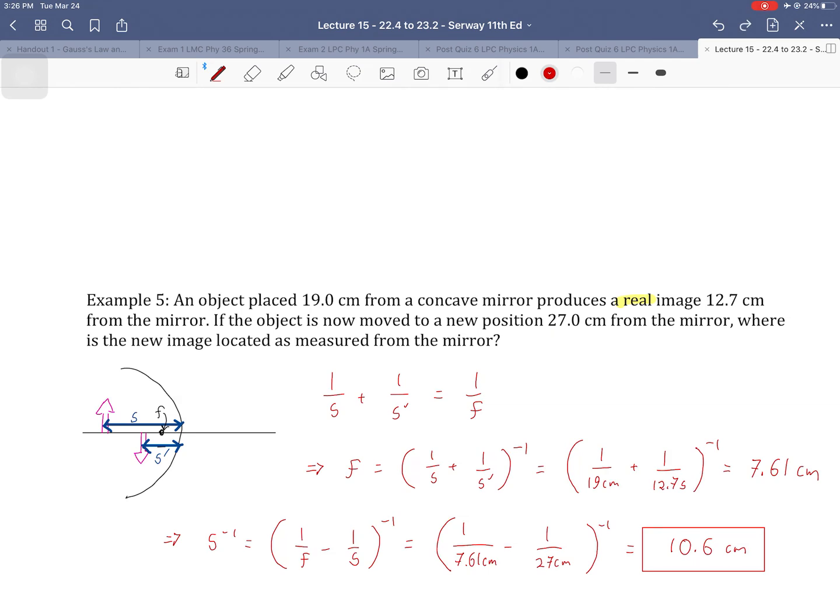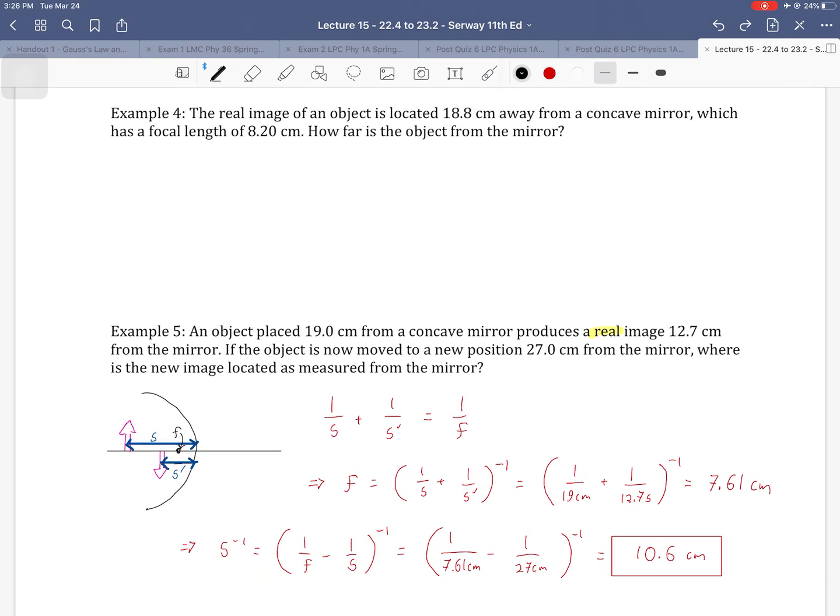Definitely not, because as you move your object further and further away, you end up with an image that gets closer and closer to F. You can see what happens in the limiting case: as I make S really, really large, this value is effectively going to 0, which means that S prime is just going to F. So if the object is far enough away, its image is right at the focal point. And that makes a lot of sense.